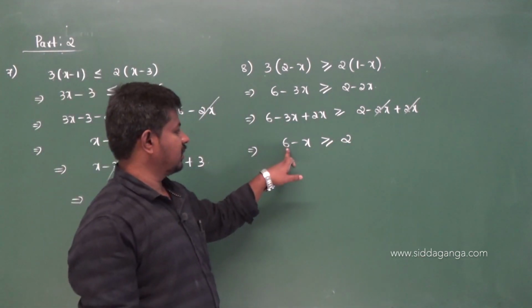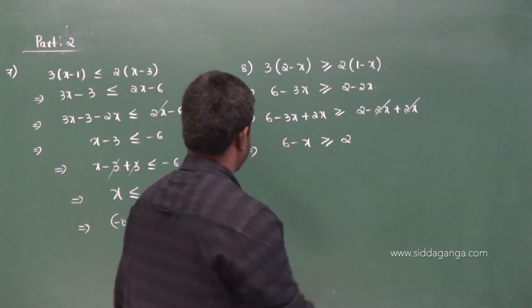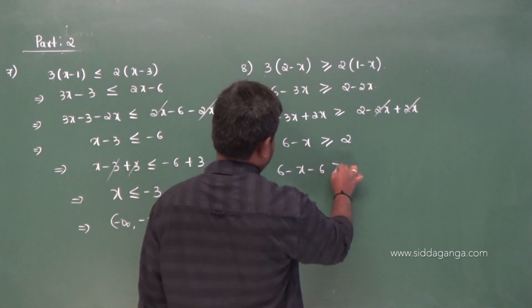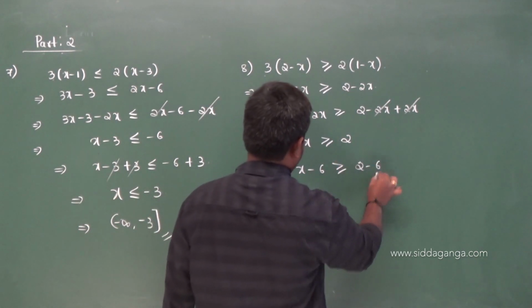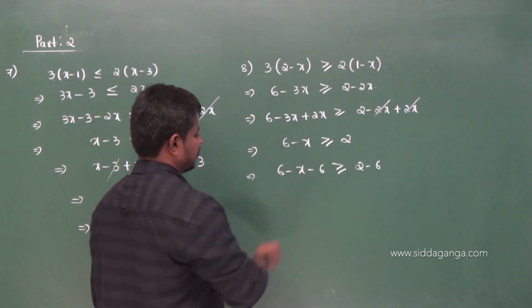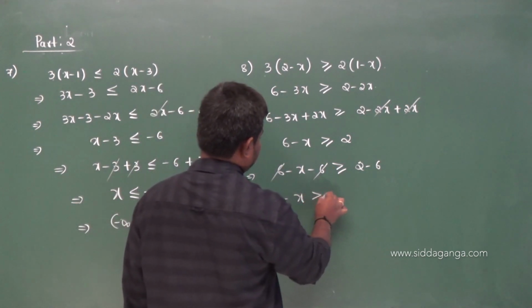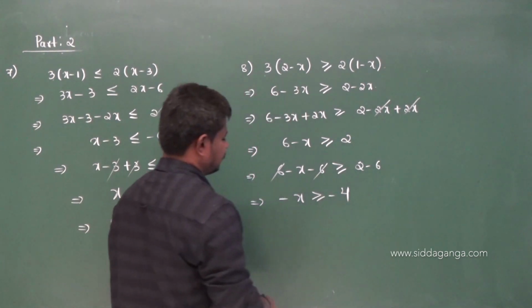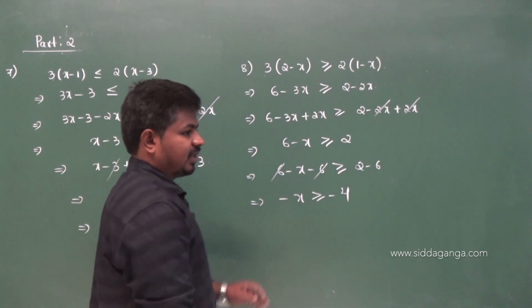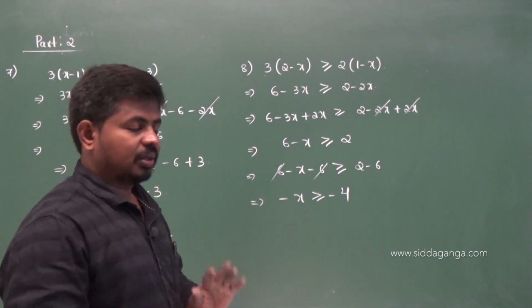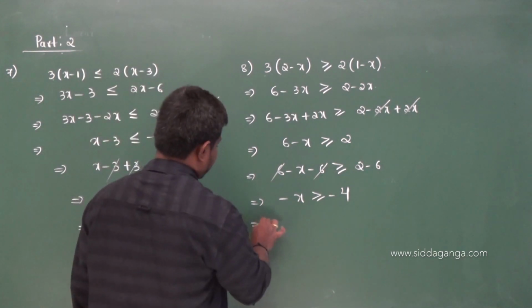Now remove 6 by adding minus 6 on both sides. So 6 minus x minus 6 is greater than or equal to 2 minus 6. So you get minus x greater than or equal to minus 4. Better to get positive x by multiplying by minus 1 on both sides.